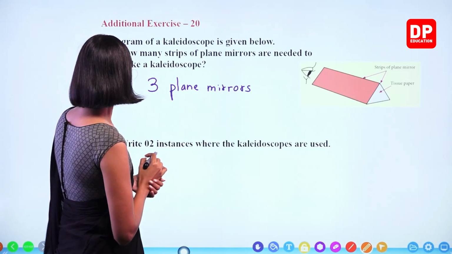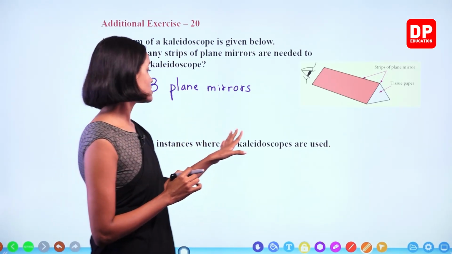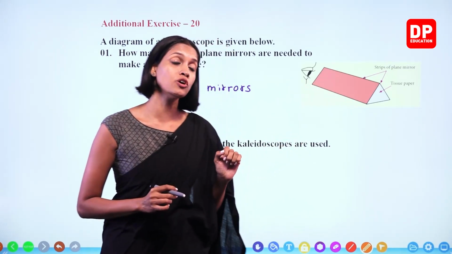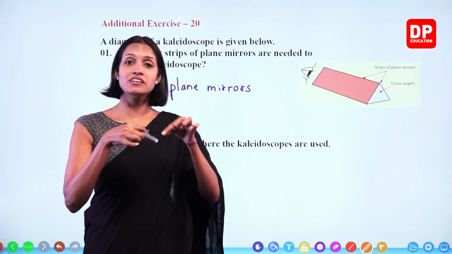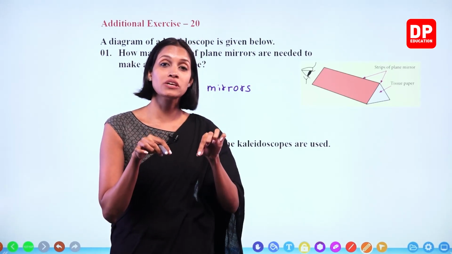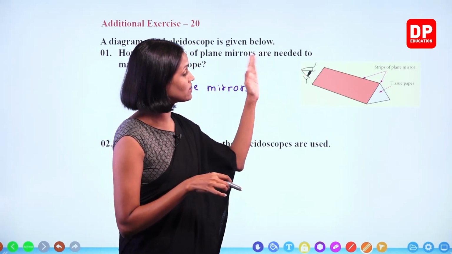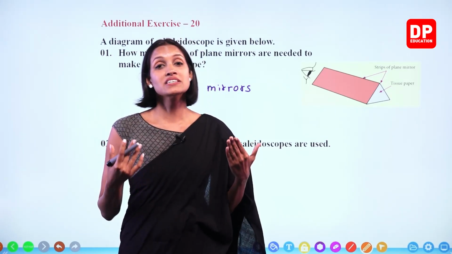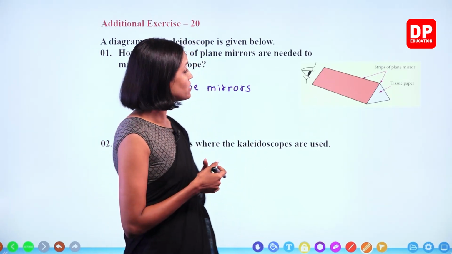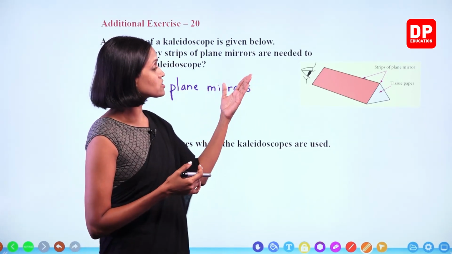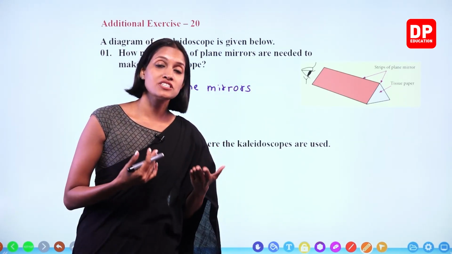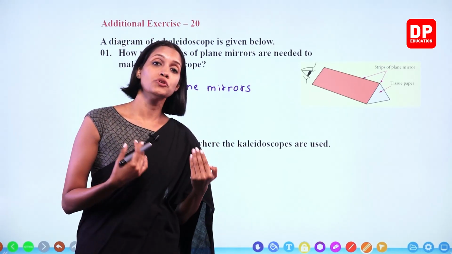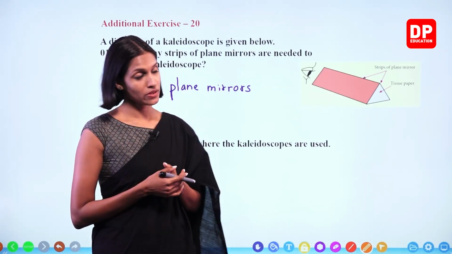Right, children? Write 2 instances where the kaleidoscopes are used. Now, when you look through the open end of the kaleidoscope and when you put different colorful things into the kaleidoscope, and when you look through the other side, you can see beautiful various patterns, right? Because of this reason, this type of kaleidoscope can be used in the textile industry to design textile and also to design floor tiles and wall tiles as well, right?